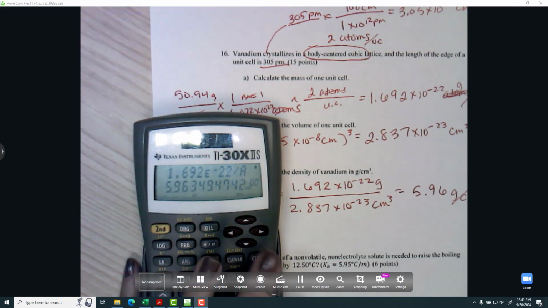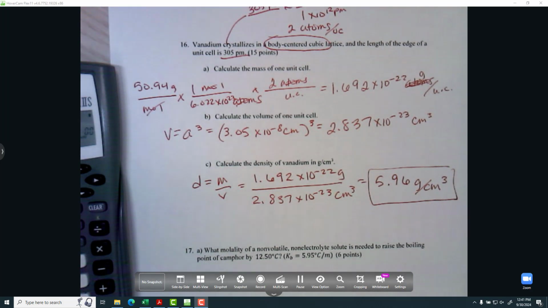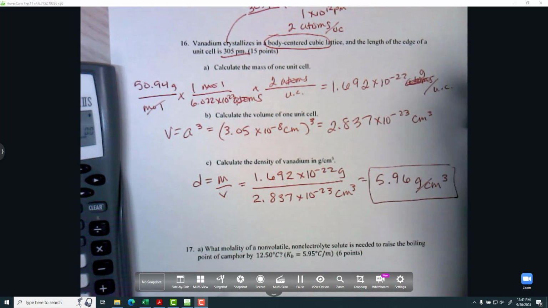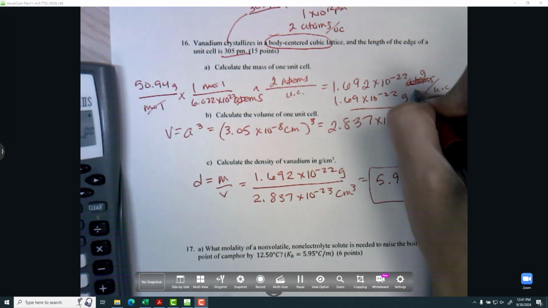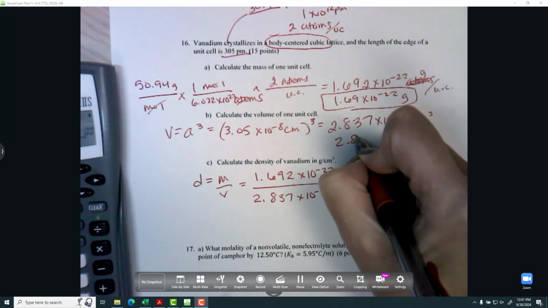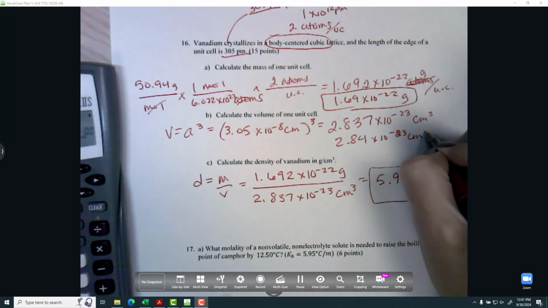And since all of these were actually parts of the question, really all of these should have had 3 sig figs, so let me just go back and round to 3 sig figs. Whoop, there we go.